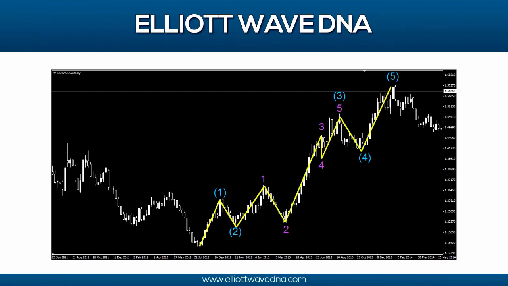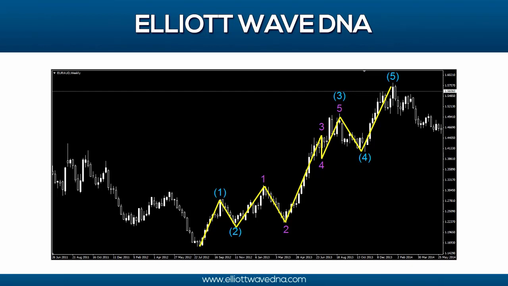So if we continue to count, we will see that we have 1 at the blue wave 1 end, 2 at the wave 2 end, 3 at the purple wave 1, 4 at the purple wave 2, 5 at the purple wave 3, 6 at the purple wave 4, 7 at the purple wave 5, 8 at the purple wave 4, and 9 at the end of the blue wave 5.